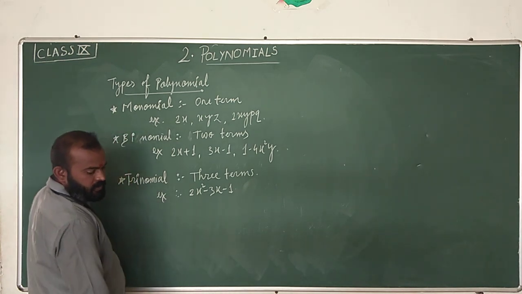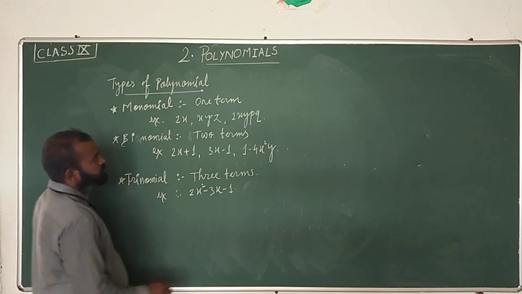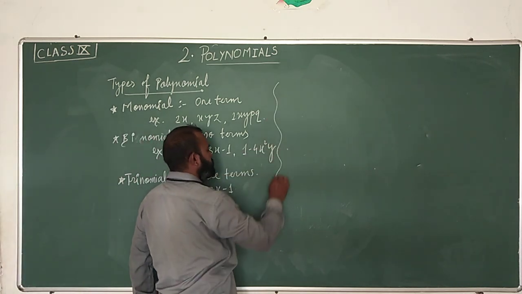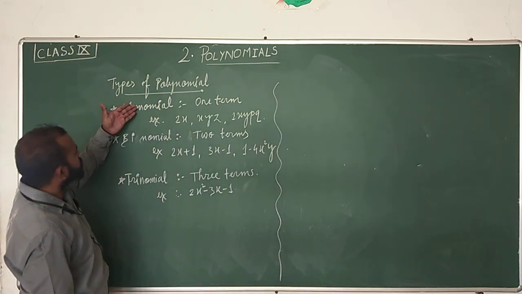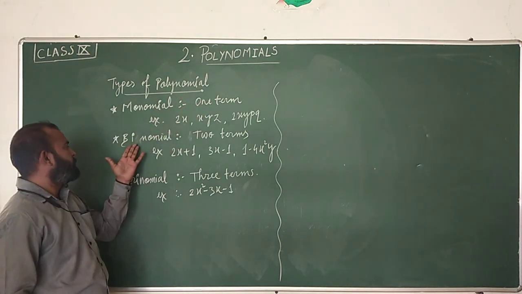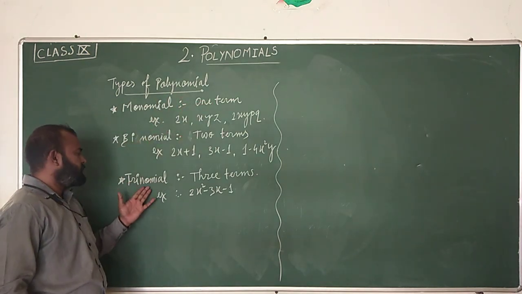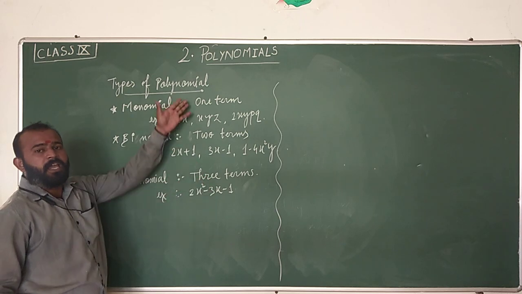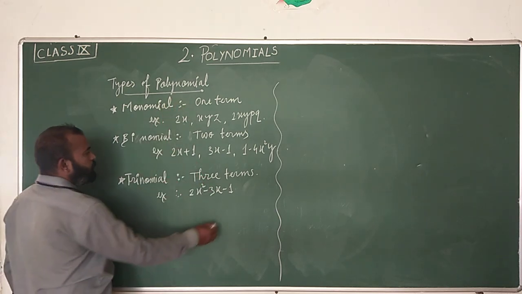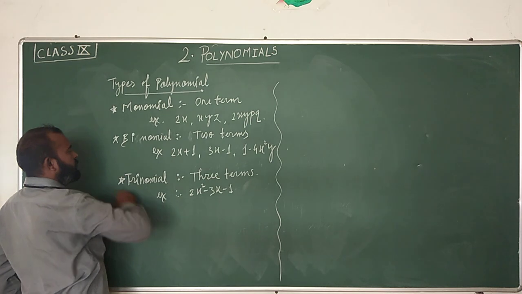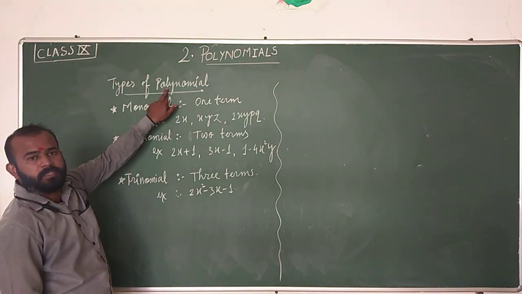After that, now see here, these are the three: monomial, one term; binomial, two terms; trinomial, three terms; and after that, the group of these whole is called a polynomial.